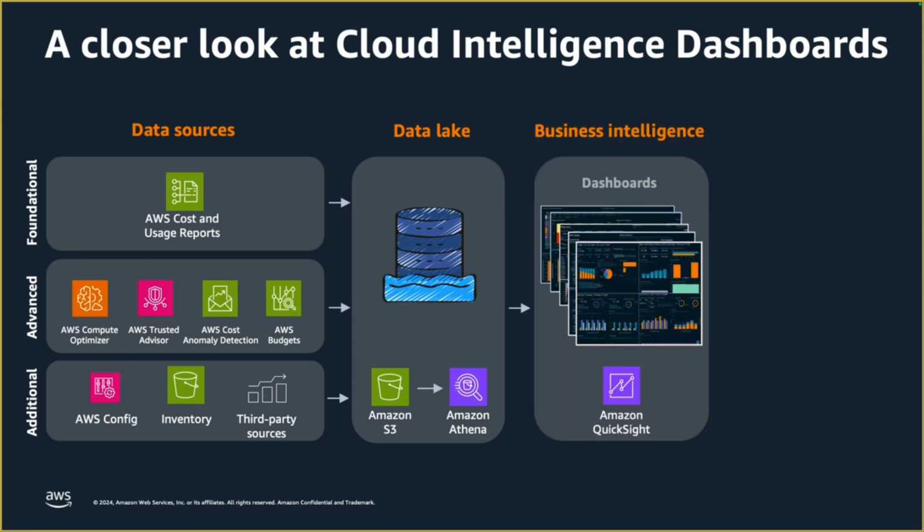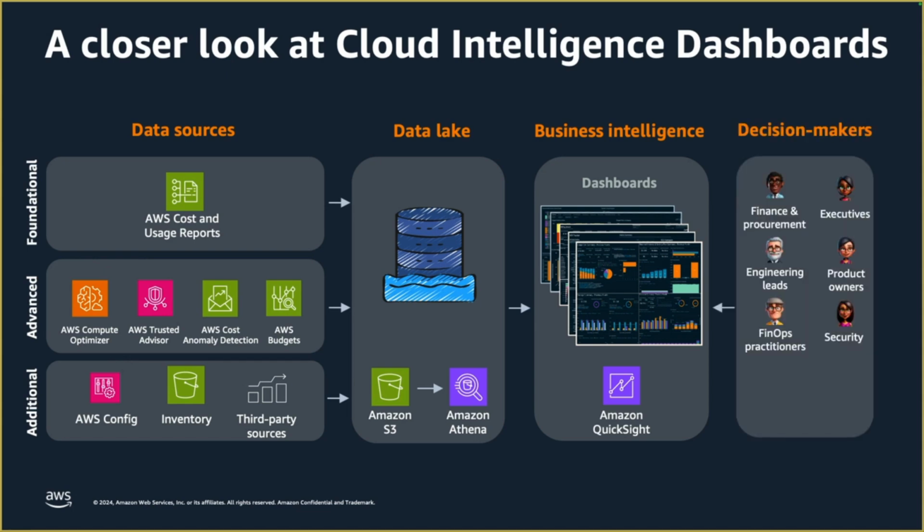And the dashboards are deployed on Amazon QuickSight, which is a BI tool for AWS. So you need to deploy CloudFormation templates, and then you get out-of-the-box dashboards that can answer different questions. And at the end, we have the decision makers, the stakeholders, and every stakeholder will get the information they need. And this will bring the data closer to the decision makers.